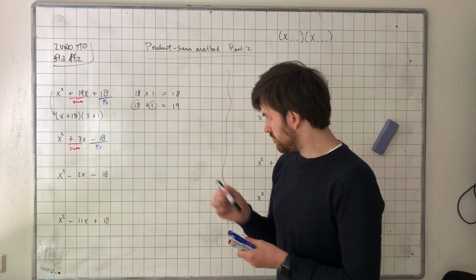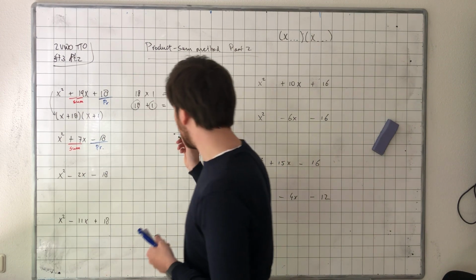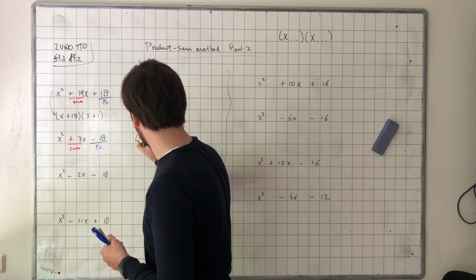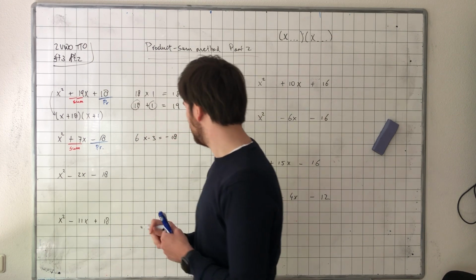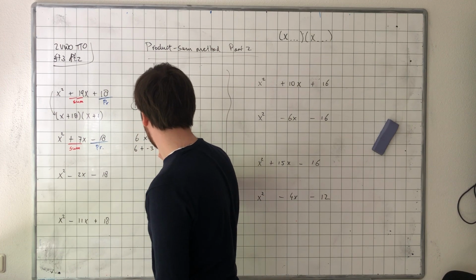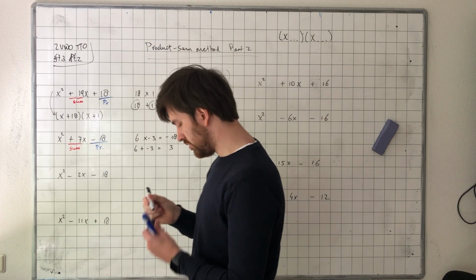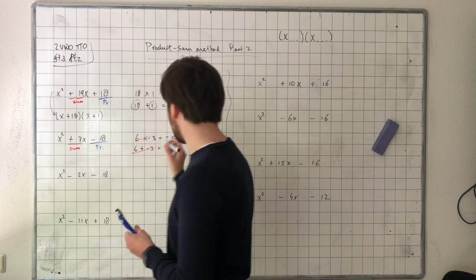So, some things you might try are, for example, 6 times minus 3. That's minus 18. But the thing is, if you add 6 plus minus 3, the answer is just 3. So this is not correct. You cannot use these two numbers.